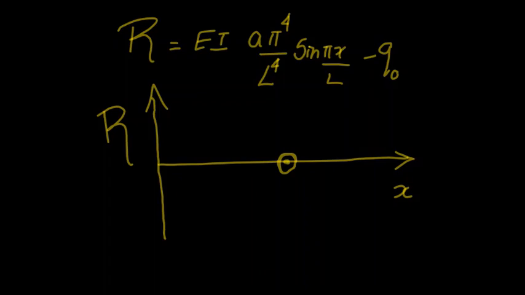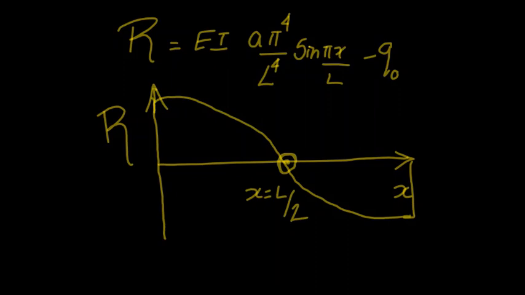But at other points, let me draw a graph very roughly here. This is a rough sketch, not an actual plot. We will do the actual plot later, but roughly, the value of error becomes 0 only at x is equal to L over 2. But at other points, let me shade this region.